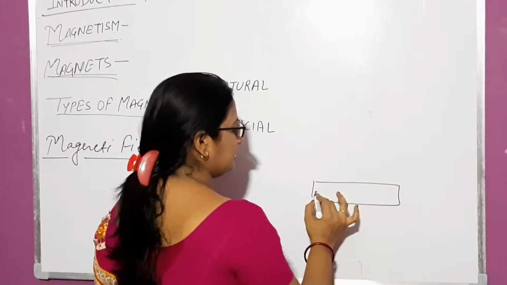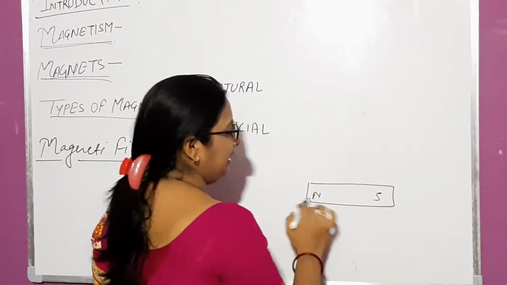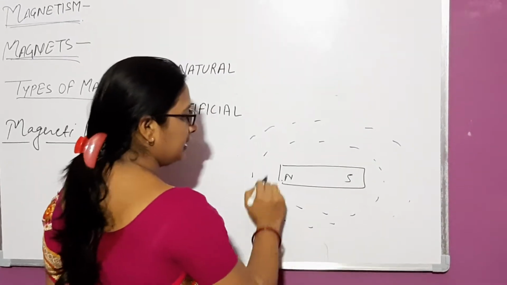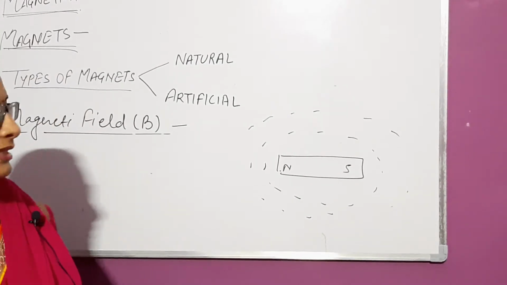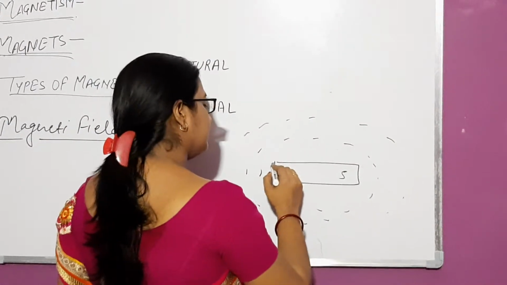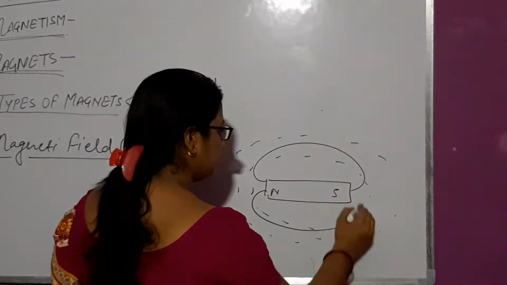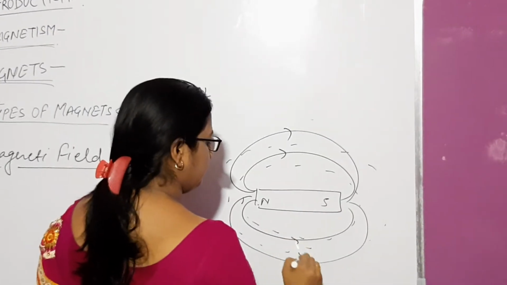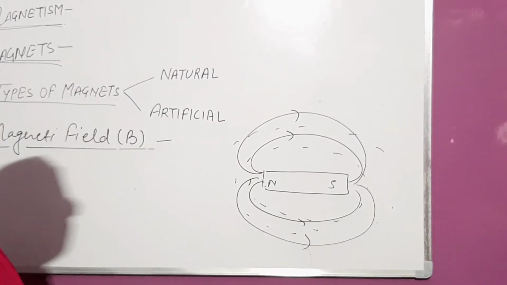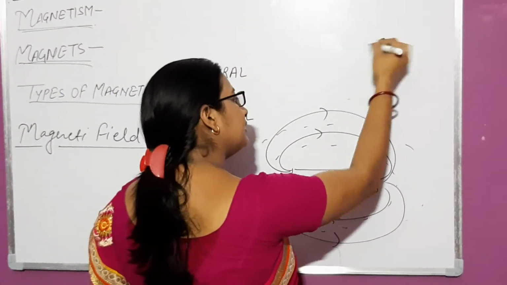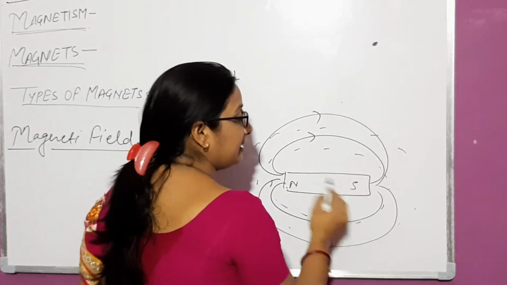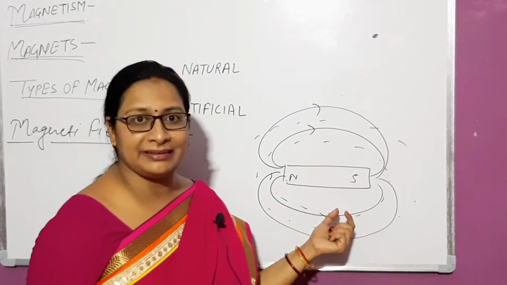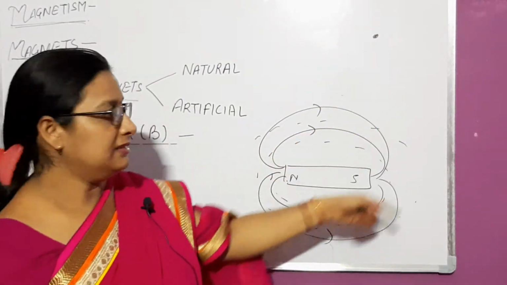Suppose this is a bar magnet and we have sprinkled some iron filings around it. These iron filings arrange themselves in a regular pattern like this, by the effect of this magnet, because this magnet creates a magnetic field around the region.